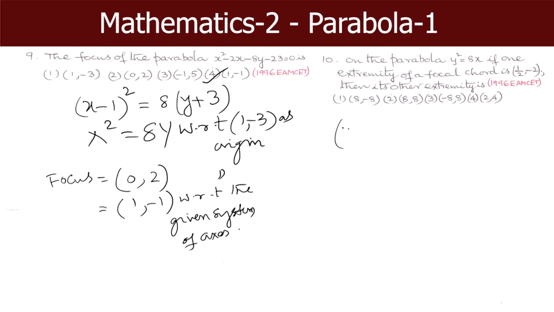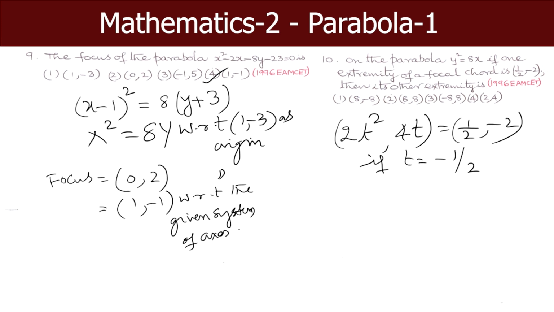Here (at square, 2at), a is 2, so (2t square, 4t). This is equal to (1/2, -2). When does that happen? If t equal to minus half. So one of the extremities of the focal chord is given by the parametric value t equal to minus half.